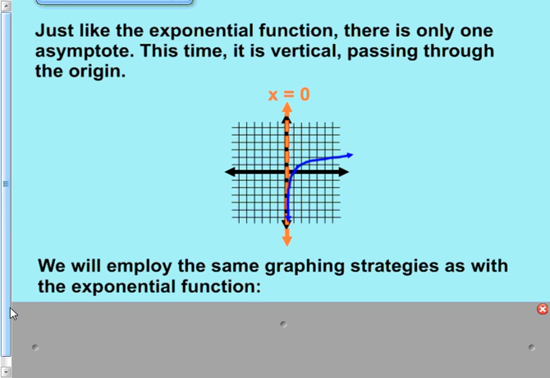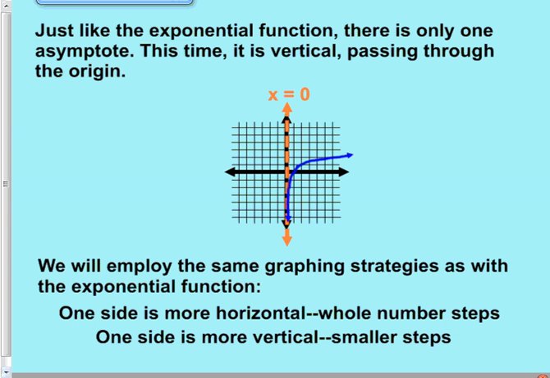When it comes time to graph, we're going to be employing some of the same graphing strategies. We will try to understand which side of the graph is mostly vertical, which side of the graph is mostly horizontal, and we will pick step sizes that are appropriate going each of those two directions from our intersection with the x-axis.